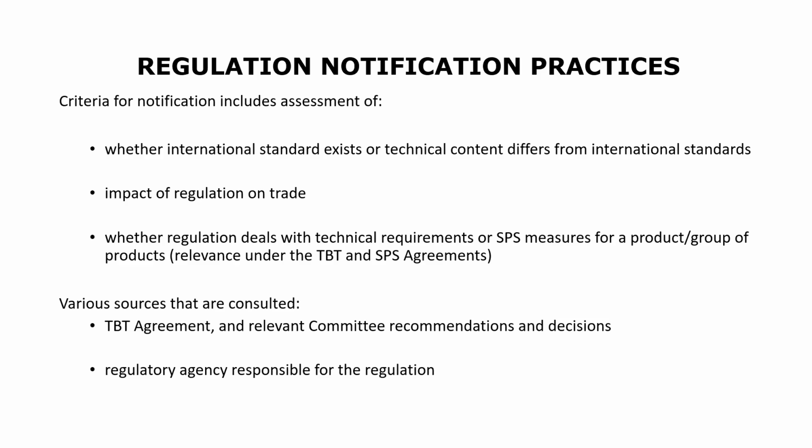So you also look at the impact of regulation on trade, and whether the regulation deals with technical requirements or SPS measures for a group of products, and the relevance under these agreements has to be looked at, right.